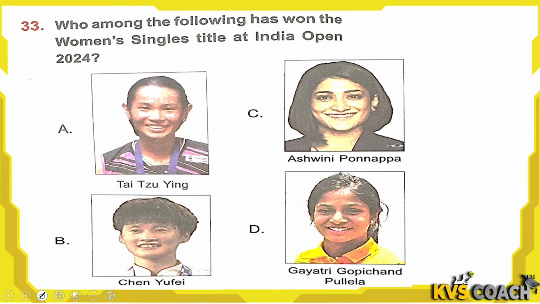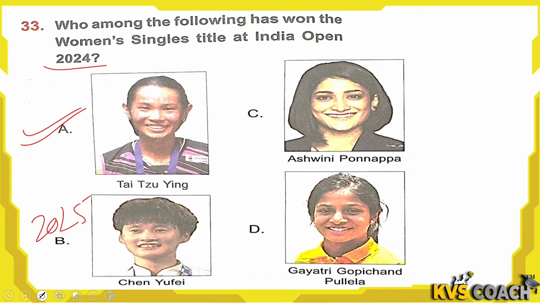Next question is, who among the following has won the women's singles title of the India Open 2024? In 2024, Tai Tzu Ying won this title. Okay, and Chen Yufei, she won the title in 2025.